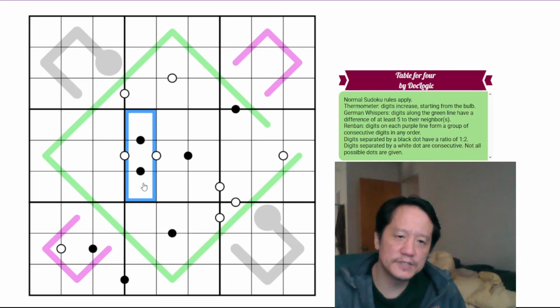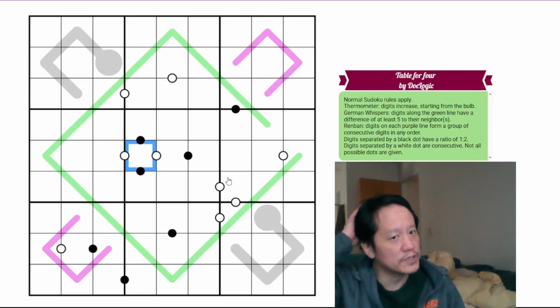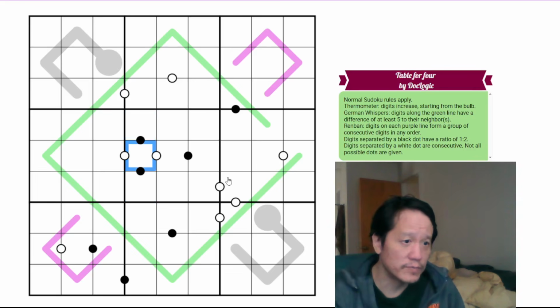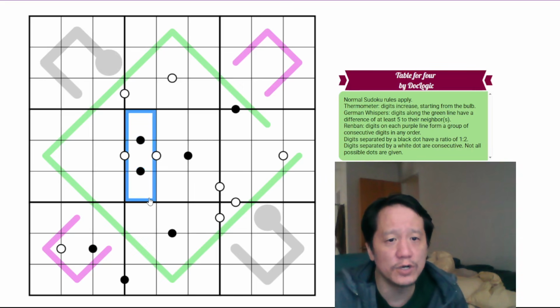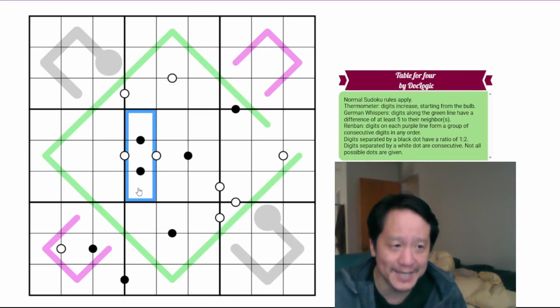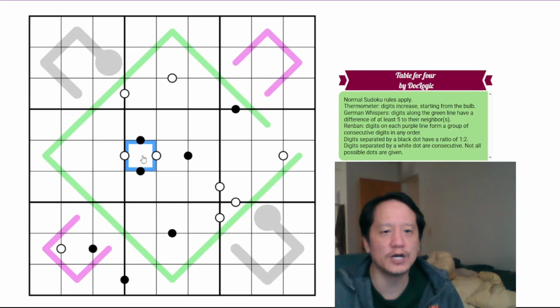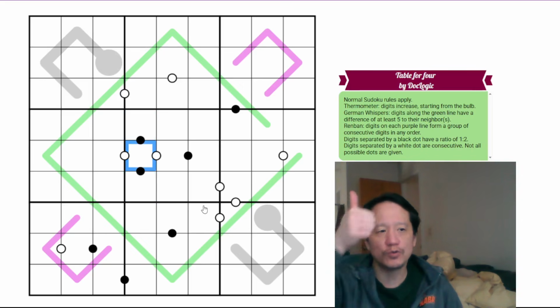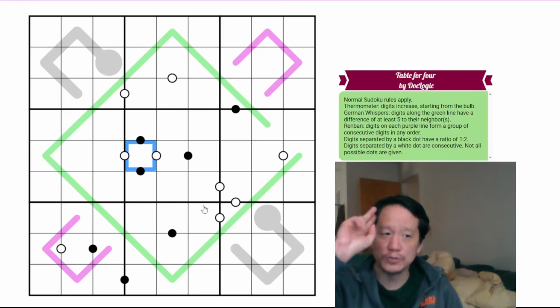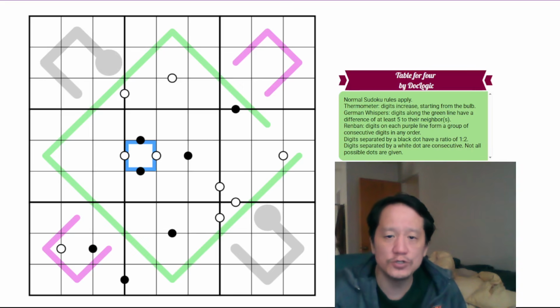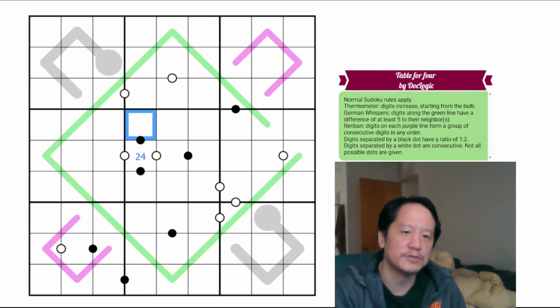We have one digit which is in a 1 to 2 ratio with 2 other unique digits. The only possible combinations could be 2 with 1 and 4, and 4, which is in a 1 to 2 ratio with 2 and 8. So this is 2 or 4 here, and this must be 1, 2, 4, or 8.